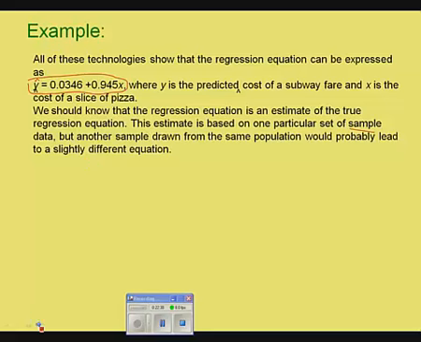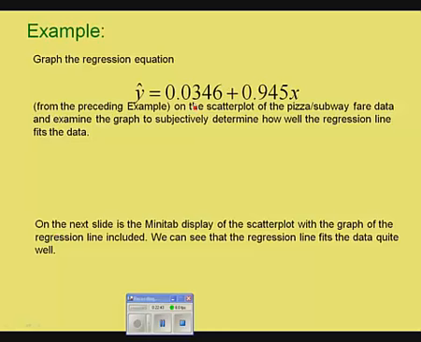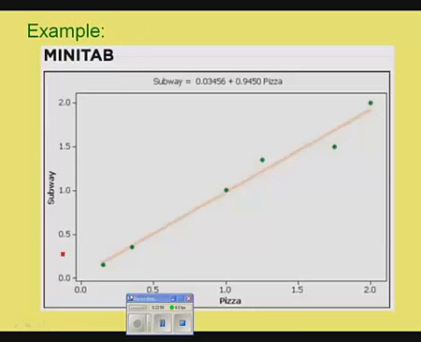Okay. Now, let's graph this on the scatter plot of the pizza subway fare and examine the graph to see how well it fits the data. On the next slide, they used a software called Minitab to show you what it looks like. But yes, you can do this on the calculator. So here we go. Here are my 1, 2, 3, 4, 5, 6 data points. See that?